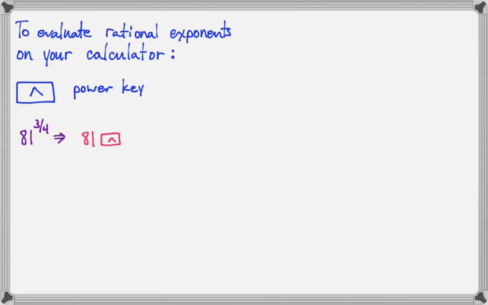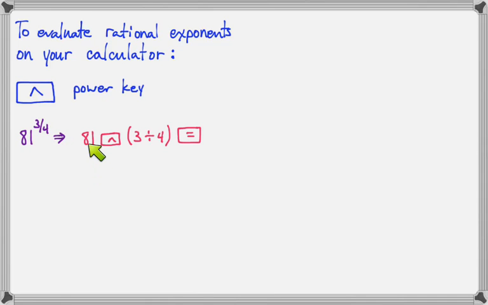So if I want to do, for example, 81 to the 3/4, what I have to do is put the base in first, and then hit the power key. And then, because 3/4 is a quotient, and it has two numbers, if I just put the 3 divided by 4 here, the calculator will think that the exponent is 3. And then it will divide the whole answer so far by 4. That's not what we want. We want 3 divided by 4 to be the exponent, so use your parentheses.